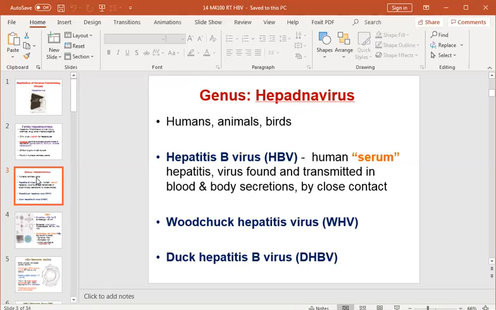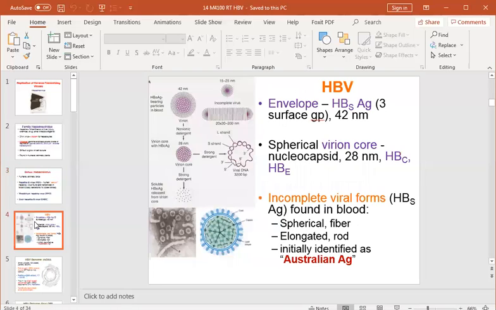Hepatitis B virus is also called human serum hepatitis, and the virus can be found and is transmitted via body fluids and secretions by close contact. Slide number 4.